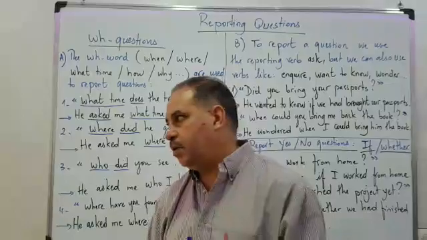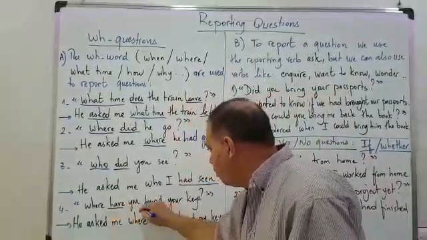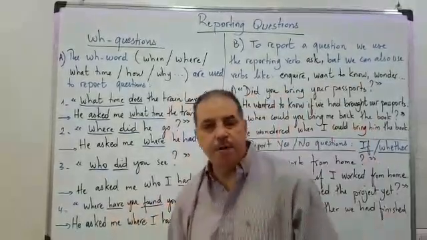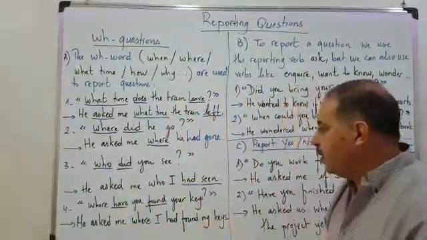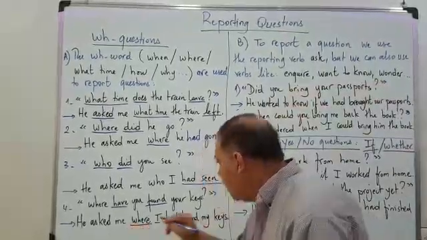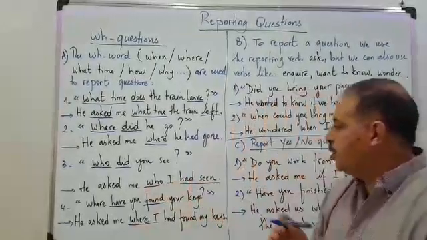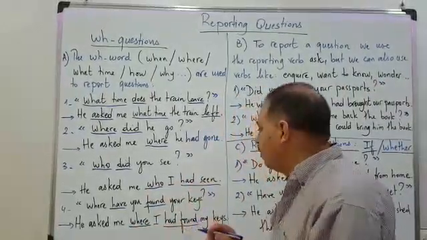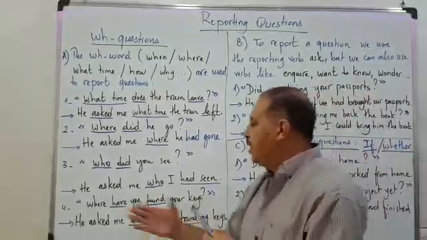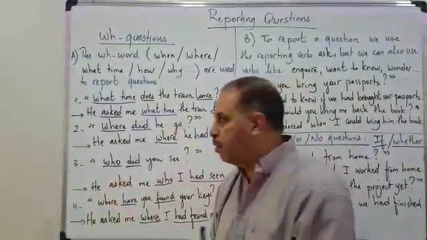Here we have present perfect, and we know that present perfect becomes past perfect. So he asked me, and we keep the WH words. He asked me where I had found my keys, meaning that present perfect becomes past perfect.